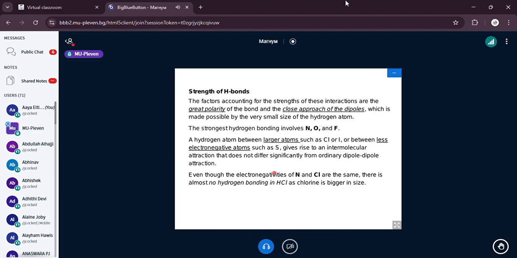But you can see in the last sentence here on the slide that electronegativities of nitrogen and chlorine atoms are almost the same. But the chlorine atom, because of its large size, cannot participate in hydrogen bonding. Why? Because only the size of these three elements is comparable with the small size of the hydrogen atom.